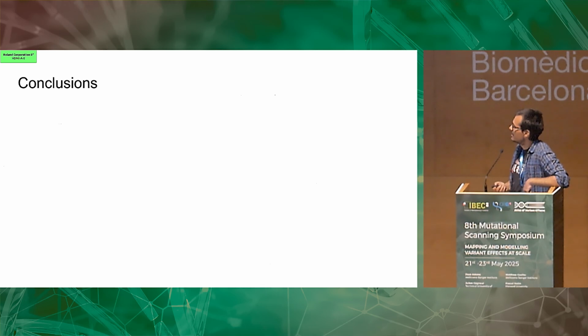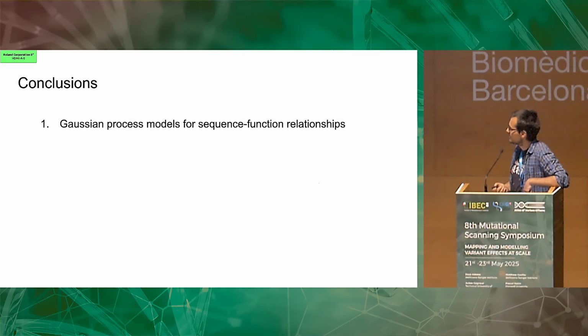So finally, just to sum up what I've told you today, I've shown you this interesting class of models that are called Gaussian process models that we can use for modeling sequence-function relationships that have these very cool properties. I've shown you new models that allow us to infer these site, allele, and mutation-specific decay factors, which are very useful to guide the exploration of these complex genotype-phenotype maps.